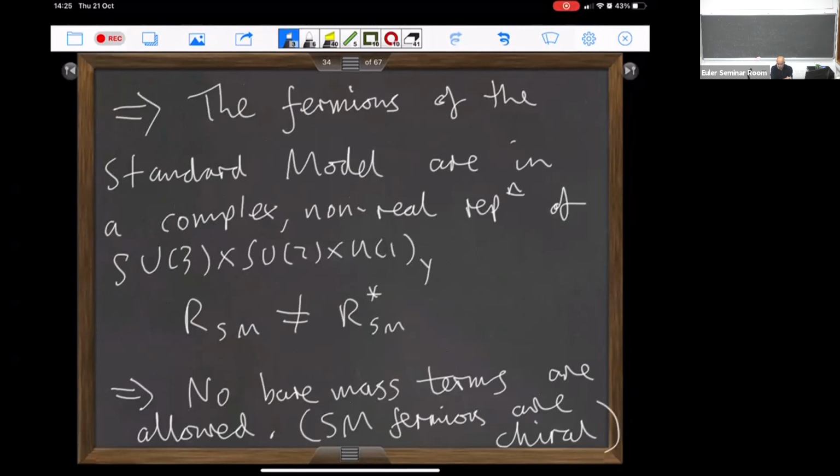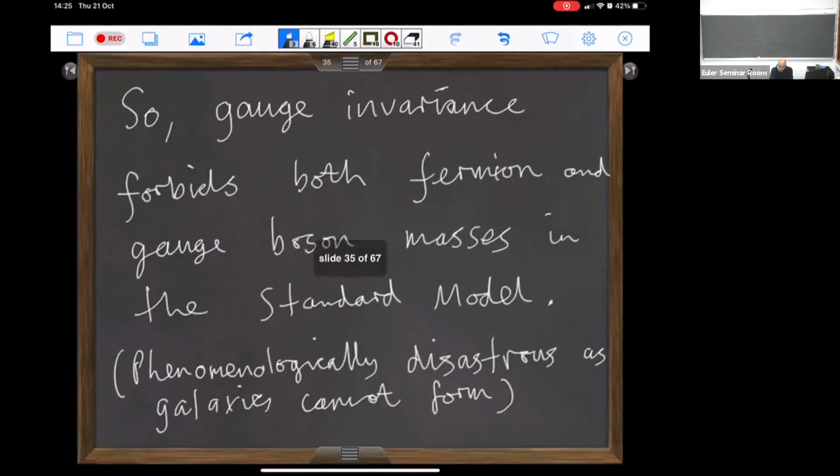In other words, the standard model fermion content is chiral. So what we've seen is that gauge symmetry prevents one from writing down masses for both the fermions and the gauge bosons of the standard model.